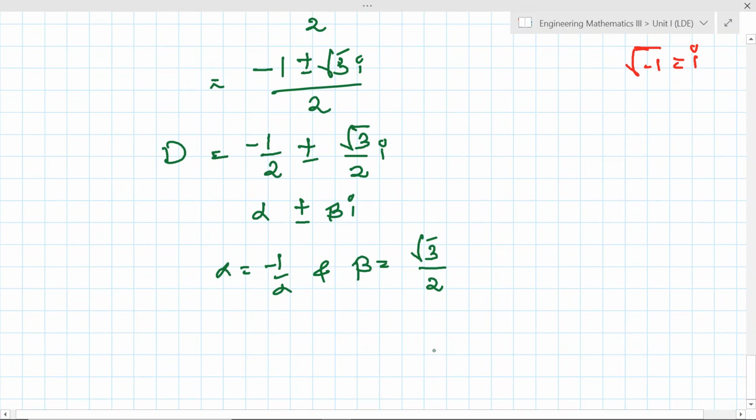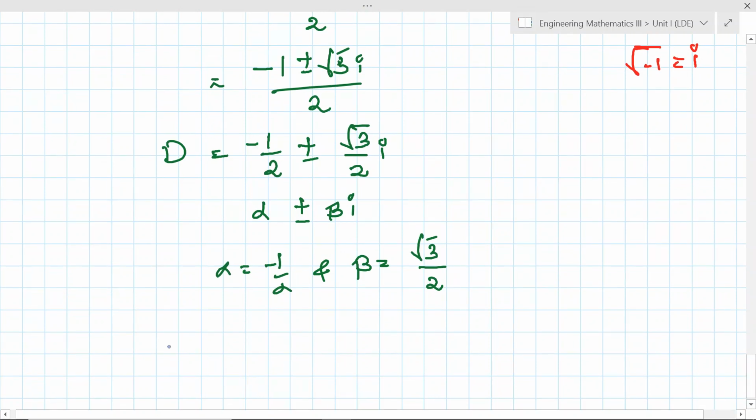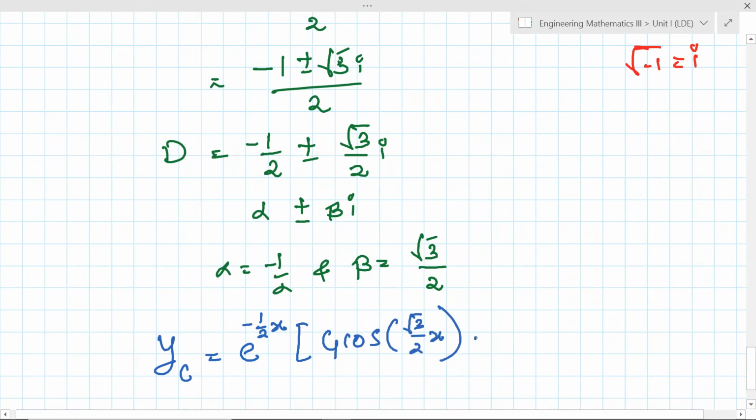We are only interested in alpha and beta, and therefore what is my complementary function in this case? My complementary function is e raised to alpha x, alpha means minus 1 by 2 x, in bracket c1 cos of beta x, beta is root 3 by 2 x, plus c2 sine of root 3 by 2 x.